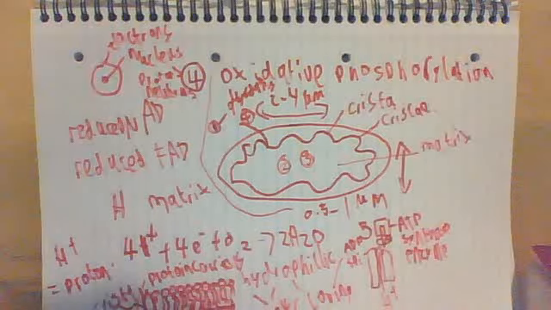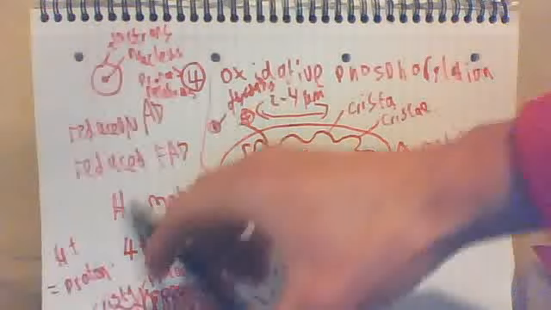Now you're probably wondering, why do they do this? Well, it starts off because the hydrogen atoms release these hydrogen ions. All of a sudden, an electrochemical gradient forms between this side of the membrane and this side of the membrane. So it flows from the matrix up here into your intermembrane space, which is down here.